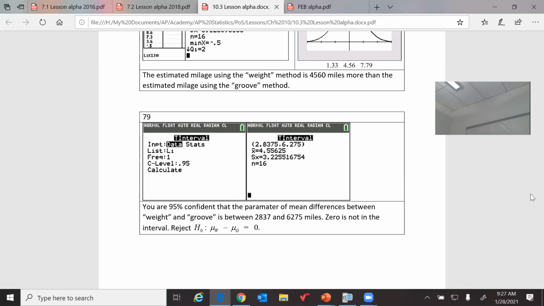Go ahead and calculate it. What do you get? Stat test 2 using your list of differences, and what is the p-value when you calculate it?